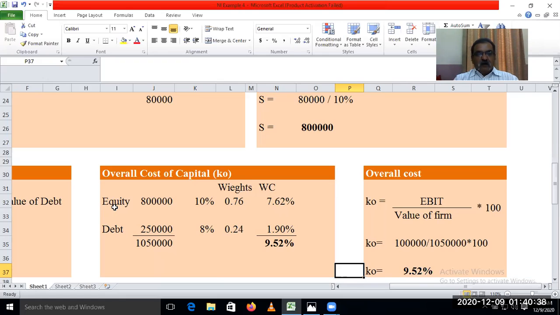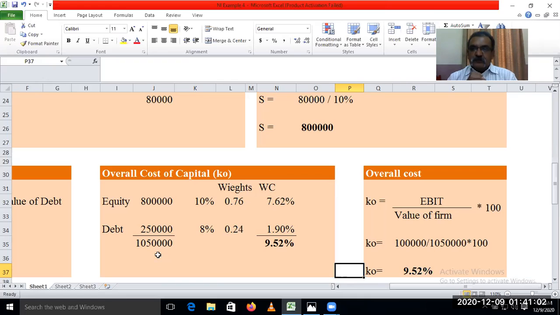It means the weighted cost of equity is 7.62%, the weighted cost of debt is 1.9%. So it means the total cost on total capital is 9.52%, and that is why it is called the overall cost of capital. So 9.52% is the cost of total capital of rupees 10,50,000.